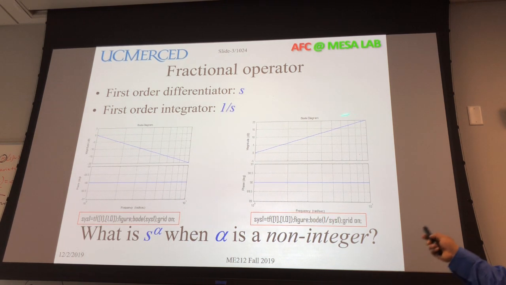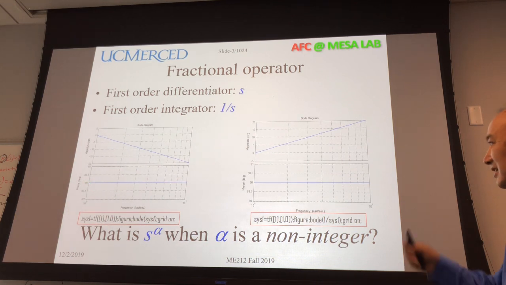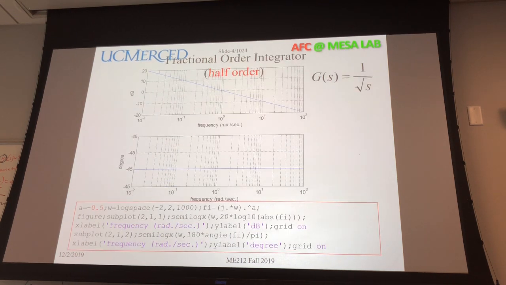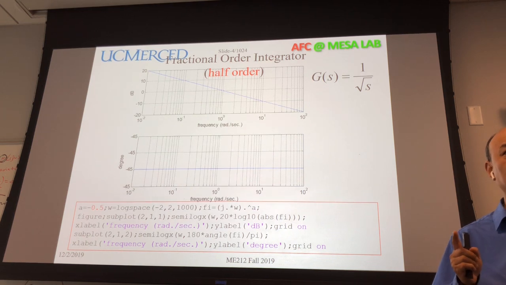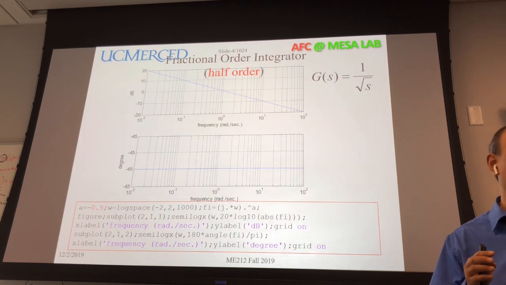This is integration, this is differentiation. Differentiation has a 90 degrees lead, and this is a minus 90 degrees lag in phase. But for fractional order, it's perfectly okay. So you have a half integrator, you can do that. Remember, this is one decade. Let's say over one decade you get 0 to minus 10 degrees, so the slope is minus 10 dB per decade.